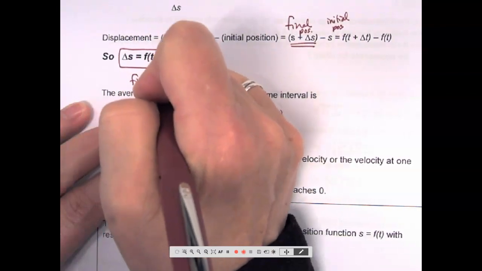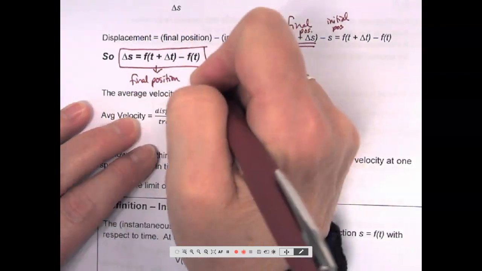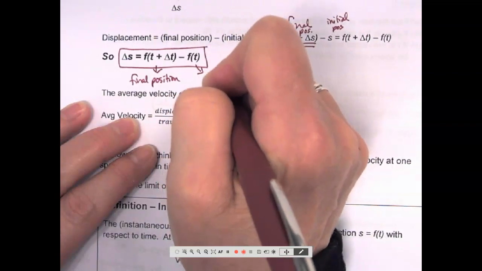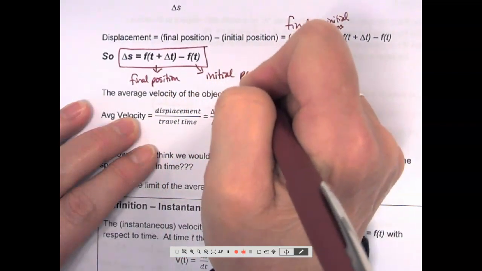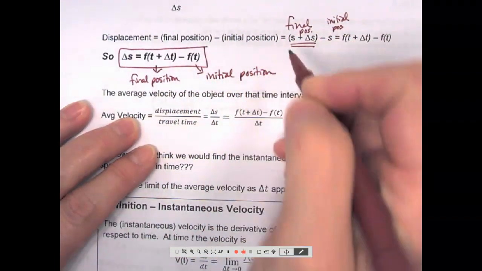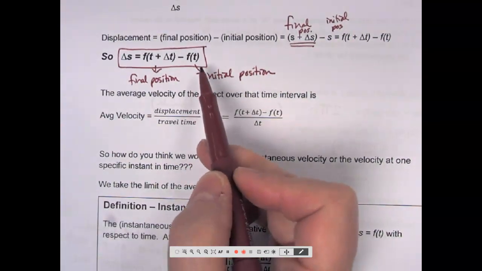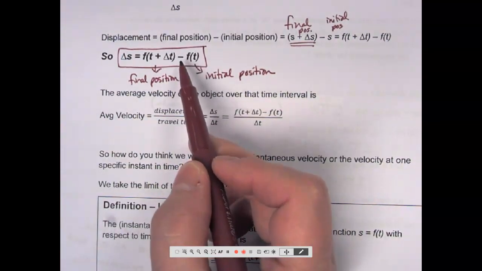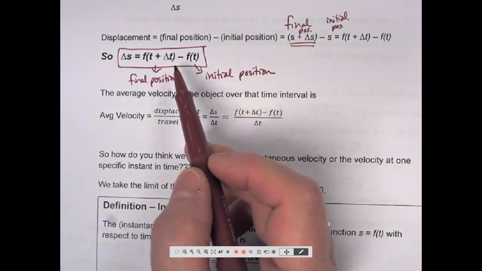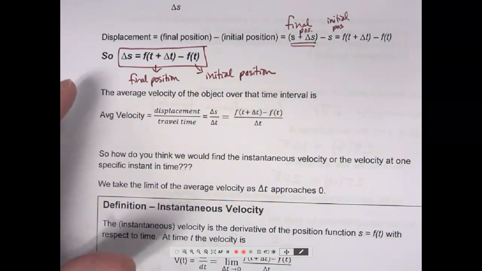Final position, initial position. So it's saying if I want to find my initial position, then I put my starting time into the function and I evaluate it.